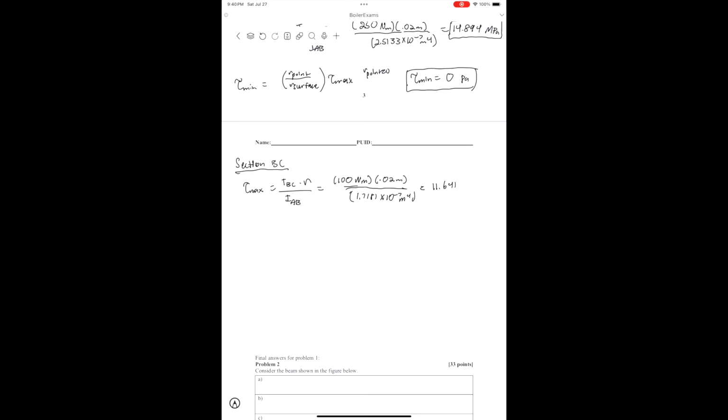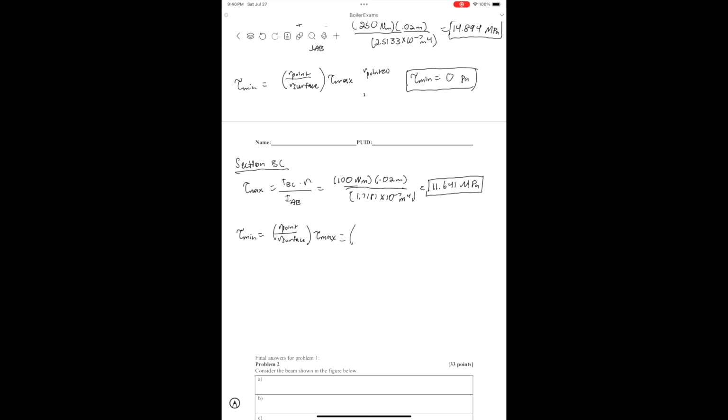But yeah, so we have tau max for section BC is going to be 11.641 megapascals, and then we can calculate tau min. Again, R point over R surface times tau max.